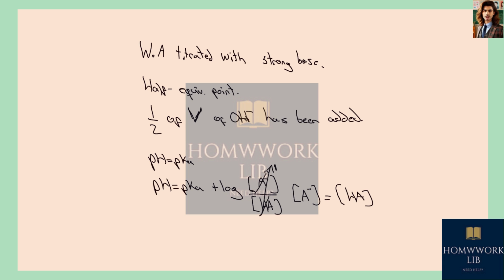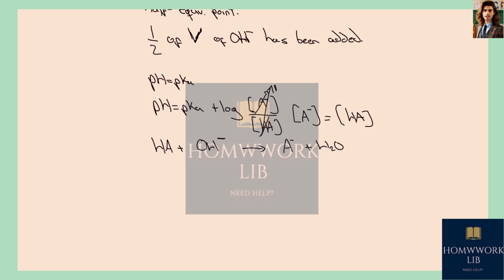How can we see that in a different way? Let's say that we have a weak acid that is going to be neutralized with OH minus in order to produce A minus plus water. Let's do a super quick ICE table. We start with C0. We are at the half equivalence point, so we're going to add 1/2 of C0.